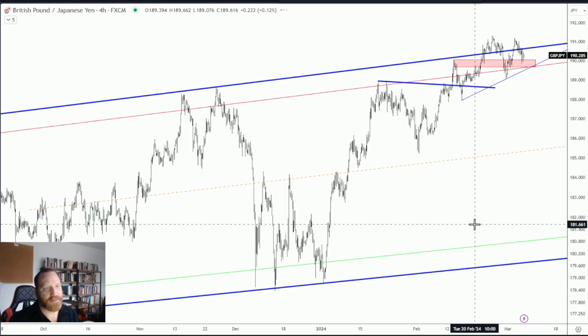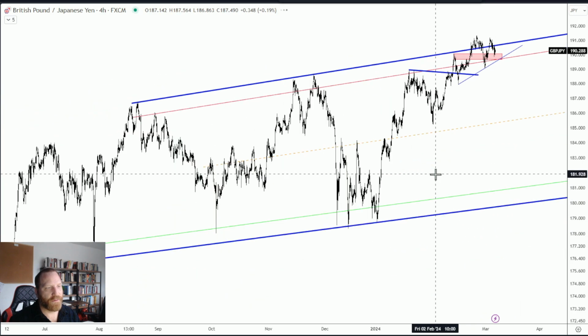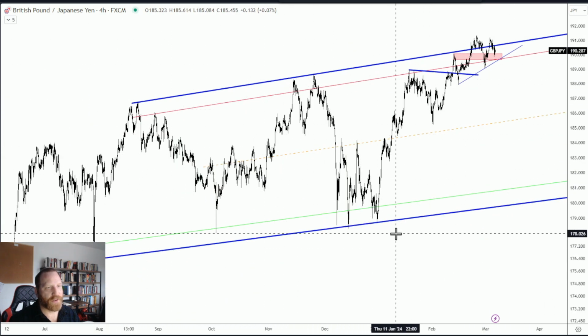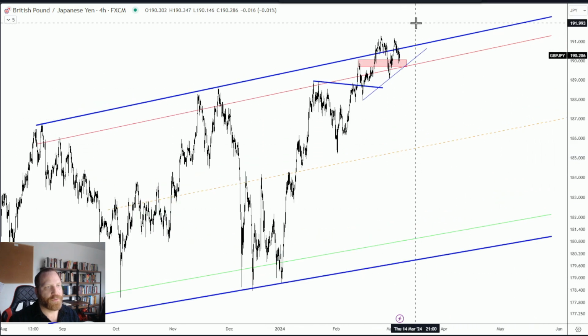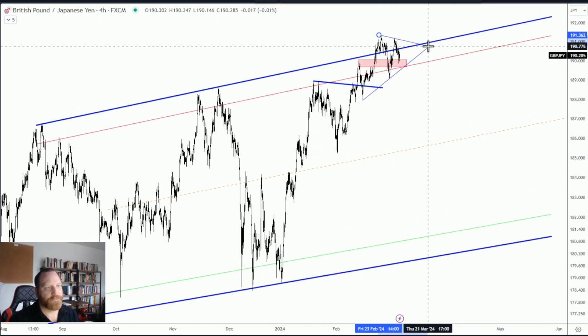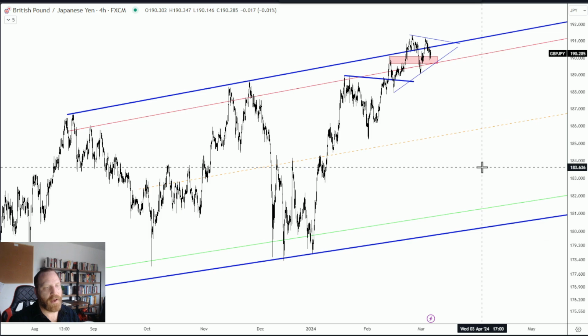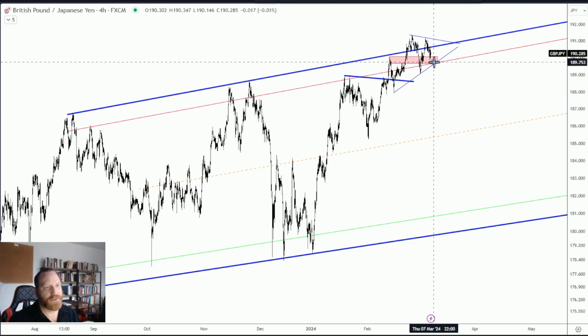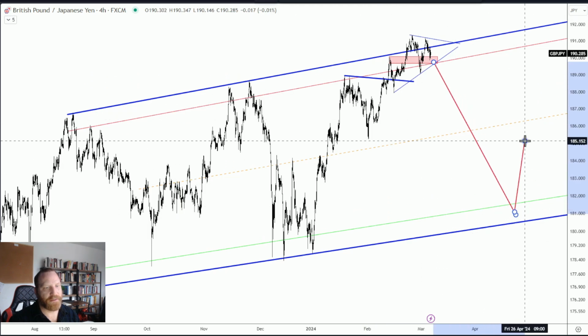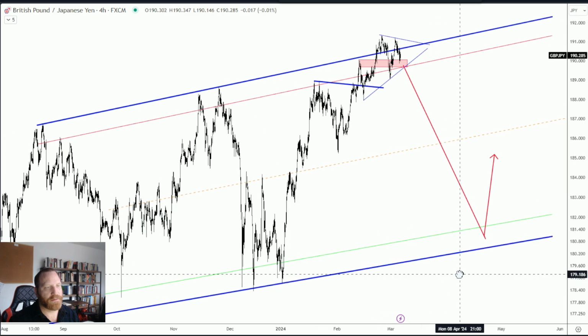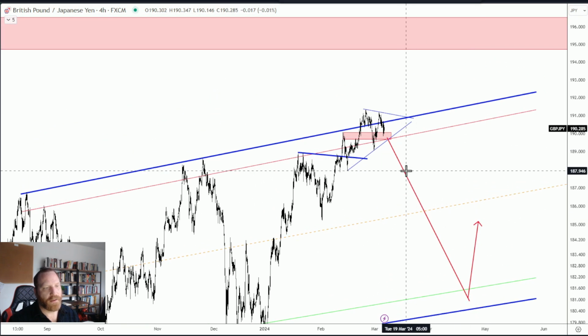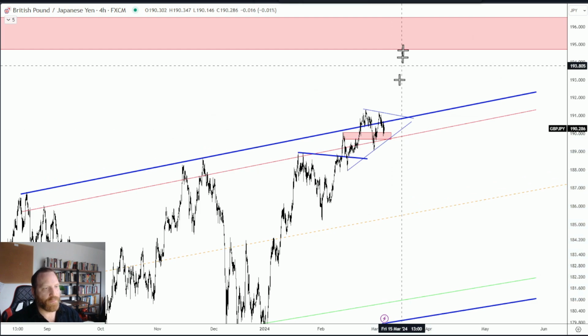So we have a pattern, a structure, but now we're accumulating at the highs. And I don't know if now it's going to break on the downside and do a really great downside move, or if it's going to break on the upside.